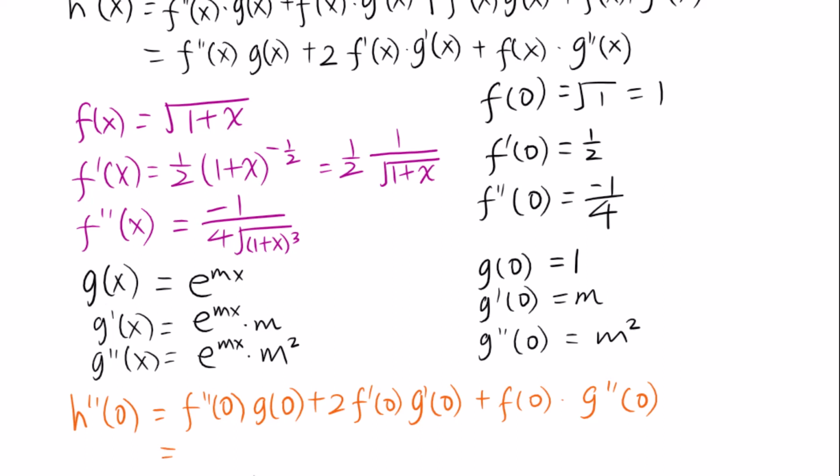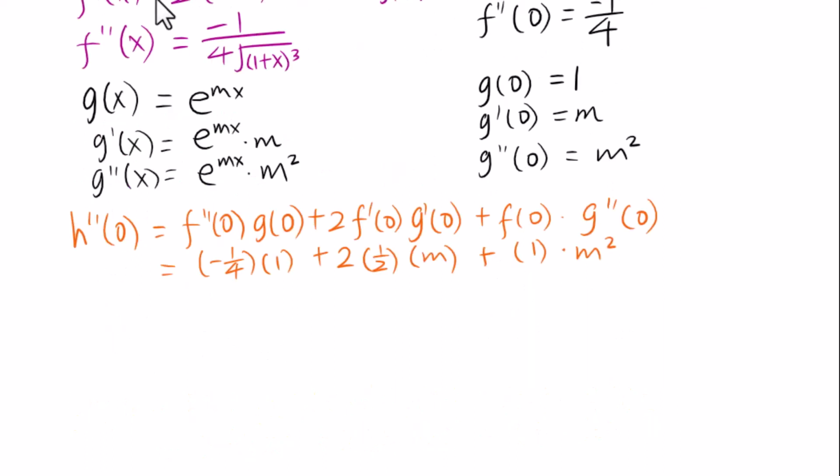Let's do the substitution. -1/4 times 1 plus 2 times 1/2 times m plus m squared. Let's organize. -1/4 plus m plus m squared.